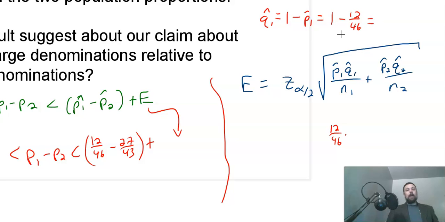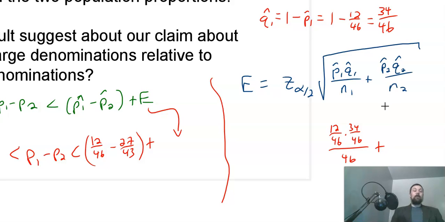The quick way is to take 46 minus 12, which gives me 34, over the common denominator, which is 46. That would be Q1 hat, 34 over 46, divided by N1, which is also 46.